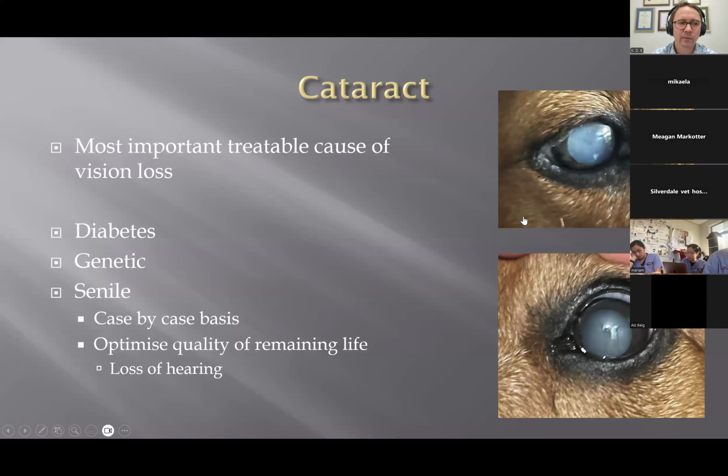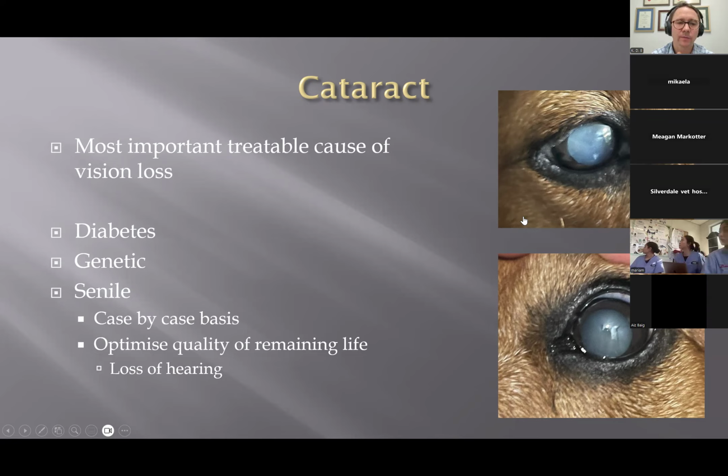If you've got a 13, 14-year-old dog and you're talking about cataract surgery, you have to be really careful to be as confident as we can that the surgery has a good chance to succeed for starters, but also that it's going to have a life-changing improvement in that dog's quality of life. Because it's quite a lot to put the dog through. It's not a small procedure, and there's not a small amount of cost associated with it.